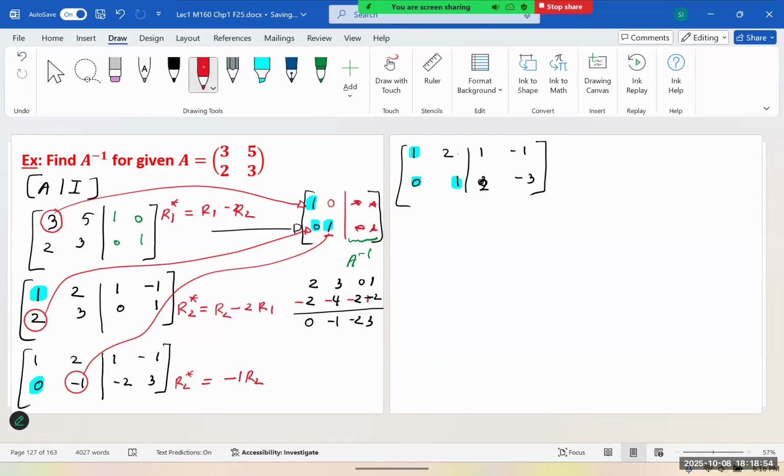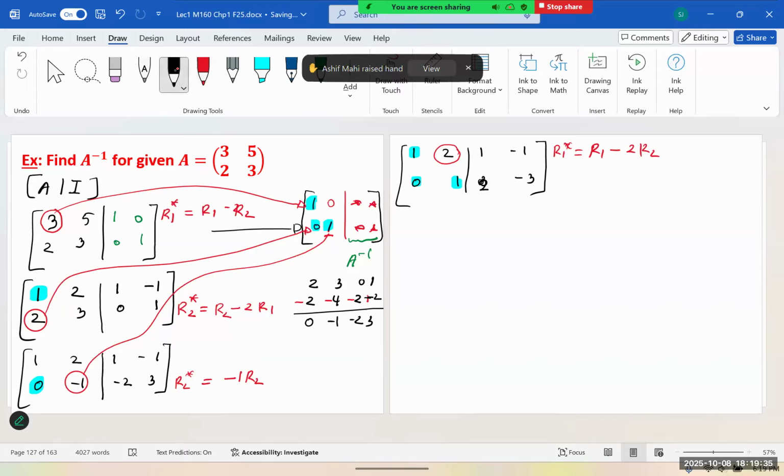Now the last one we need to change is these two. So we are going to change R1. Who can tell me how can you change the 2 in the R1 into 0? Which row operation is supposed to apply? Ashif. Row 1 minus 2 row 2.